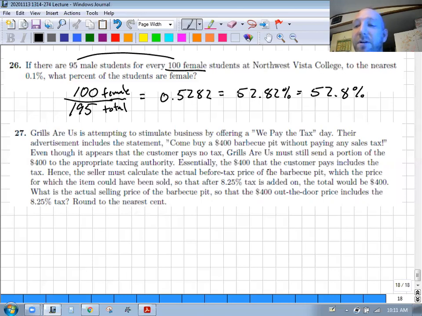Essentially, the $400 that the customer pays includes the tax. Hence, the seller must calculate the actual before-tax price of the barbecue pit, which is the price for which the item could have been sold, so that after 8.25% tax is added on, the total would be $400. What is the actual selling price of the barbecue pit?